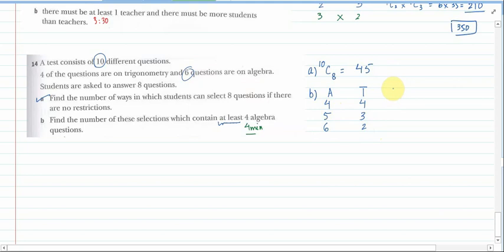So the first one will be 6 combination 4 times, trigonometry questions are 4, so that will be 4 combination 4. For the next one, 6 combination 5 times 4 combination 3. For the last one, 6 combination 6 times 4 combination 2.